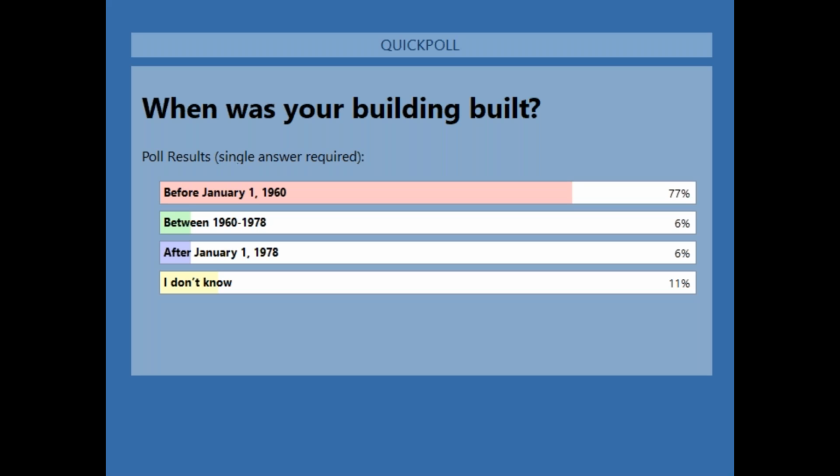Okay, so for most of you, your building was built before 1960. Looks like 77% of you. That's going to mean that Local Law 1 definitely applies to your building, and the federal safe work practices rules apply to your building. Those of you who chose between 1960 and 1978, that's going to mean that unless you have actual knowledge that there is lead-based paint in your building, then you are exempt from the requirements of Local Law 1.